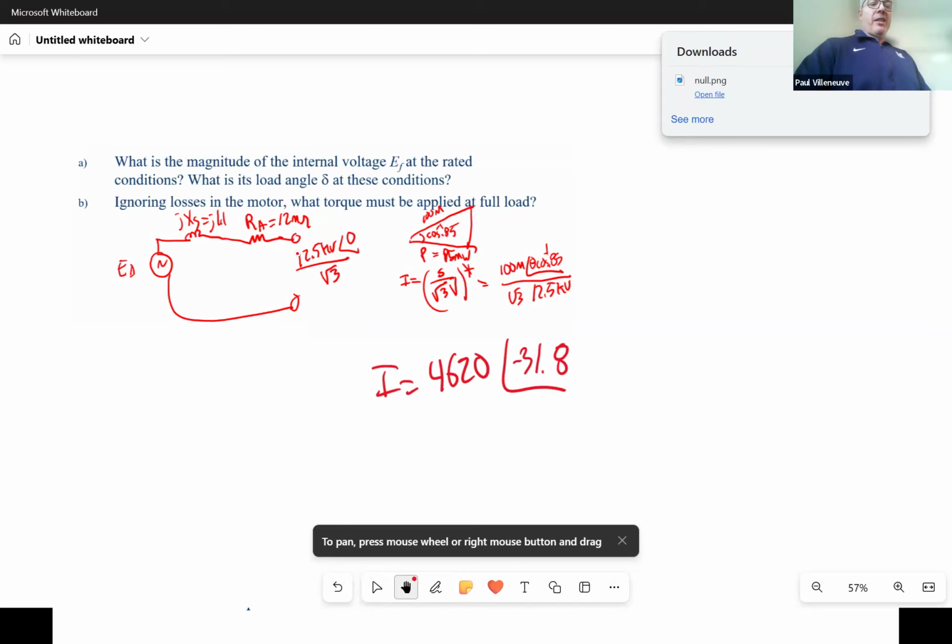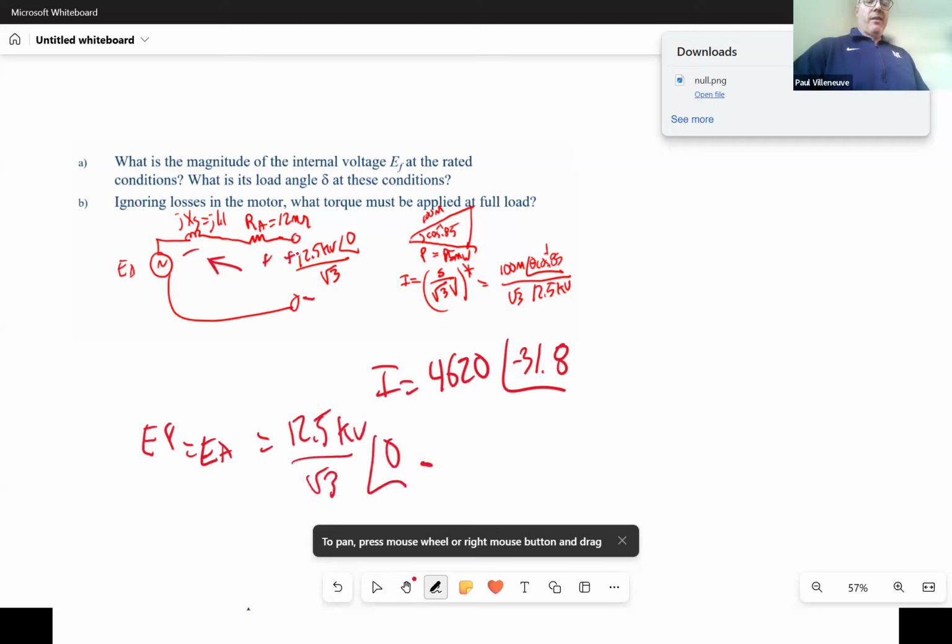Now I'm going to go ahead and solve for EF or EA. Either one's the same thing. And since my current is in here, I'm going to use a KVL loop. So this voltage minus the 2 drops here. That's going to be equal to 12.5 kV divided by the square root of 3 at an angle of 0, minus I, the 4620, times 12 milliohms.